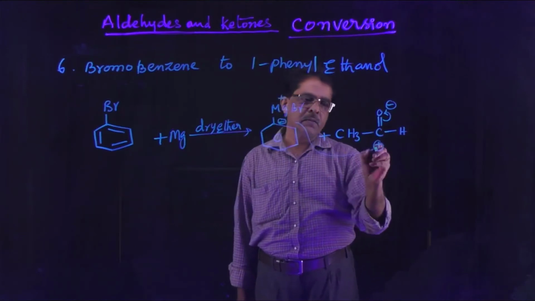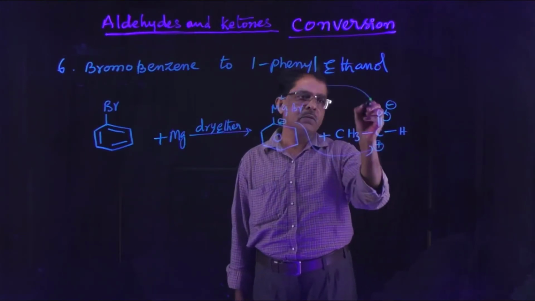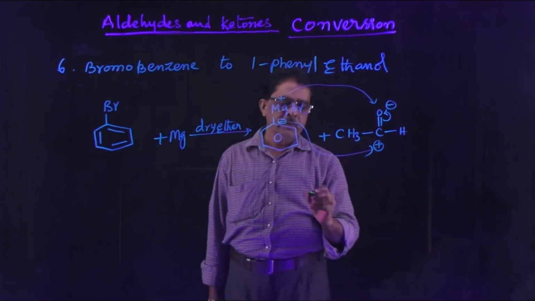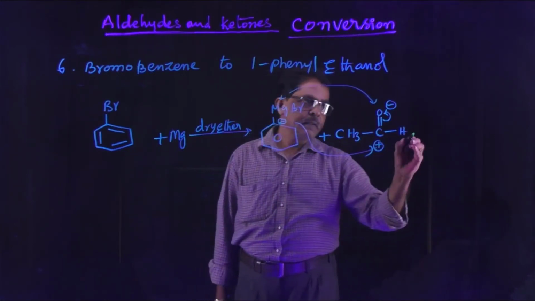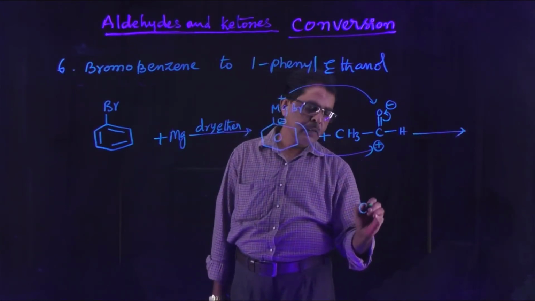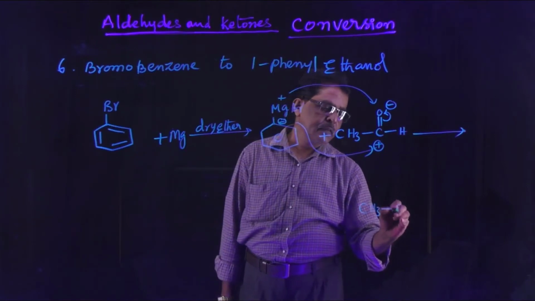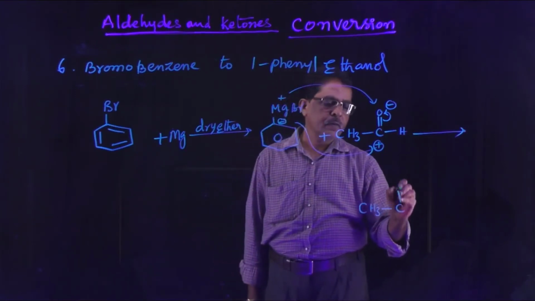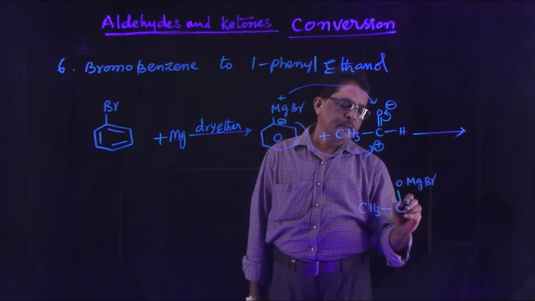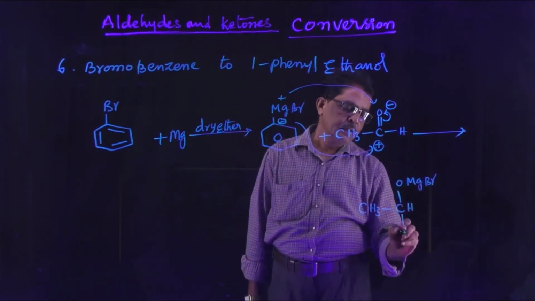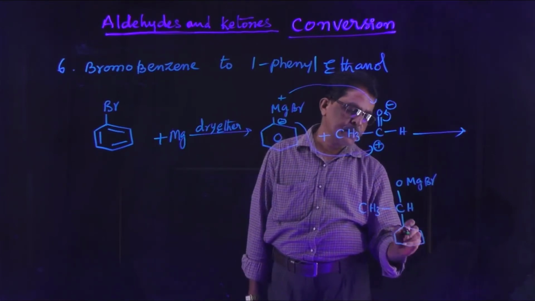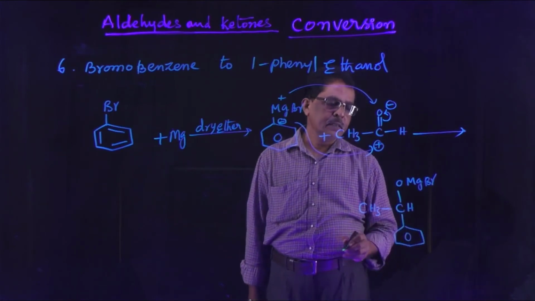So minus goes to plus, plus goes to minus, right? So what will happen here? Gives rise to CH3CH(OMgBr), with the phenyl group attached. So this product is formed.